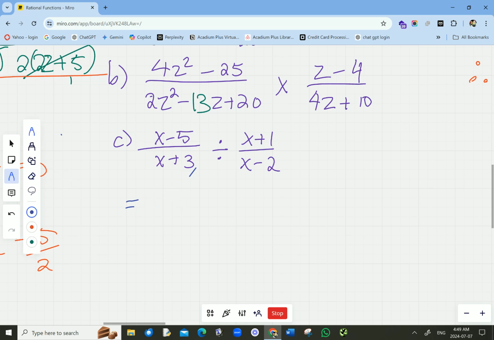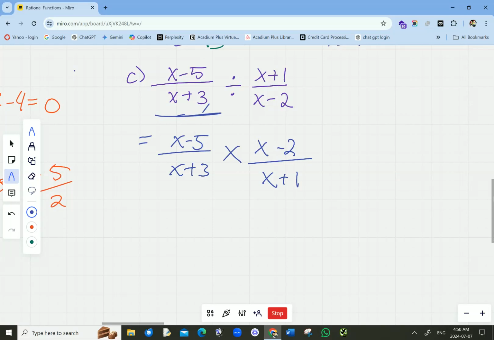It's a divisor. Anyway, the first part, this, we leave as is. And then when we do a division of a fraction, we actually multiply by the reciprocal of the divisor. So in this case, the reciprocal is x minus 2 over x plus 1, we just switch the numerator and denominator. There. So now it's a multiplication.